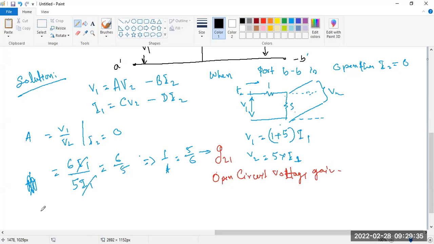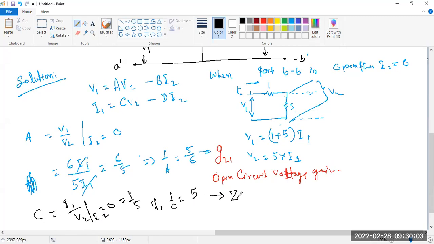Now we have to find this C. We know C is I1 by V2 when I2 is 0. So from this equation, just put this value: V2 is 5 I1, so I1 cuts down, it is 1 by 5. If we find 1 by C, then it will be 5. And what is the name of these things?